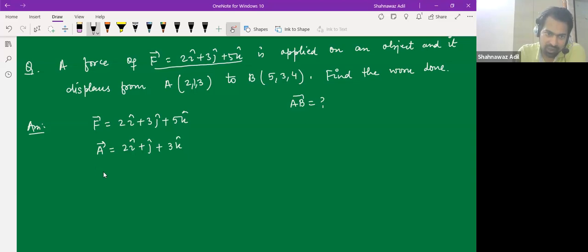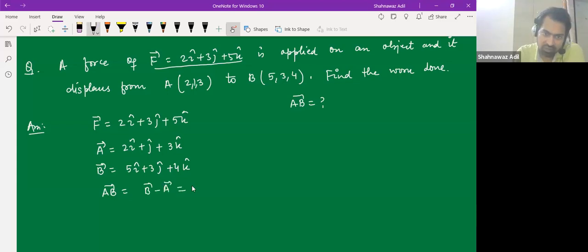B vector is 5i plus 3j plus 4k. So we can find out AB, which we can write as B minus A vector.